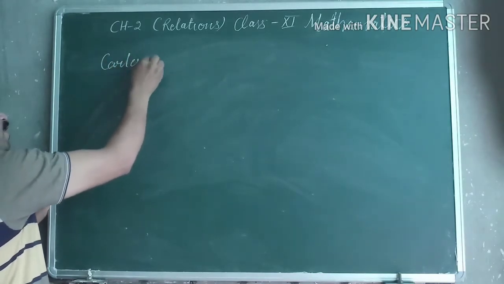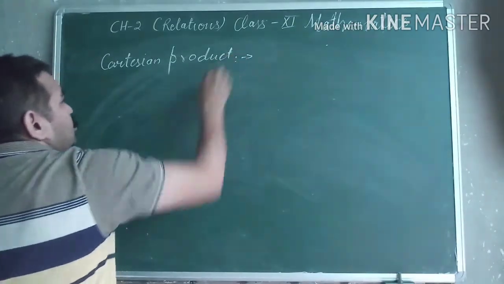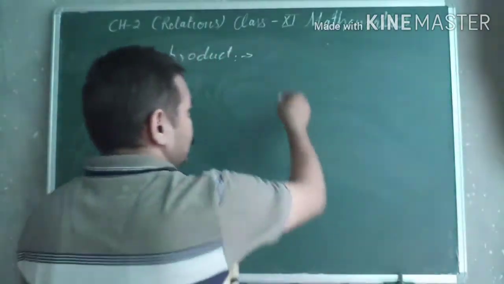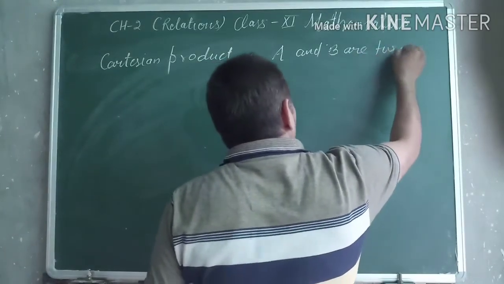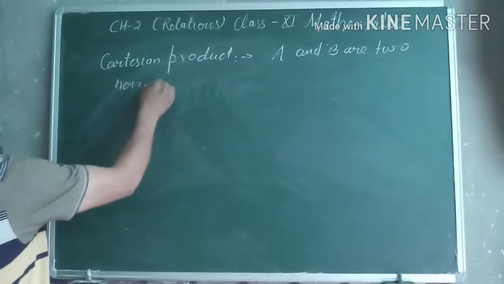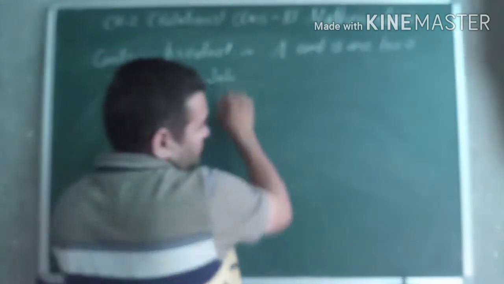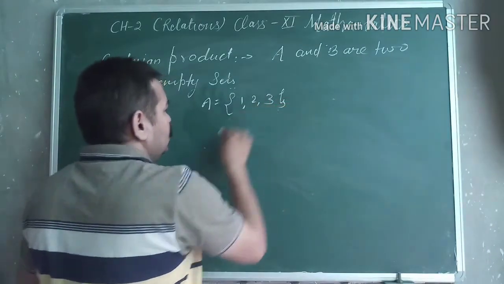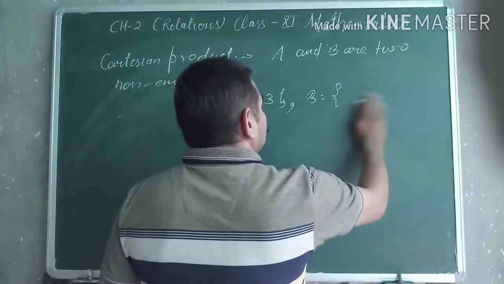Now, Cartesian product. How are you going to understand this? Cartesian product means product of two non-empty sets. Let A and B be two non-empty sets such that A has the elements 1, 2 and 3, and another set B has the elements 4 and 5.